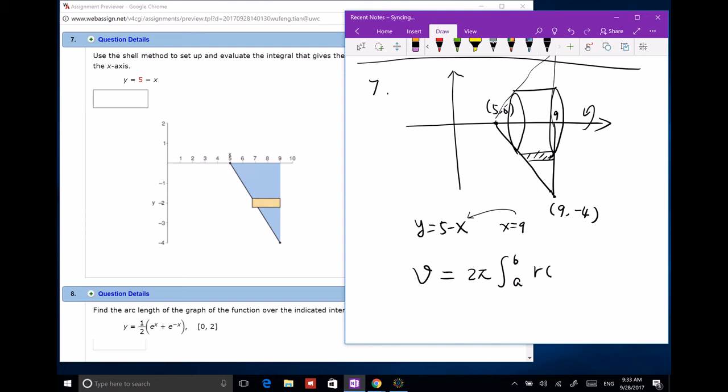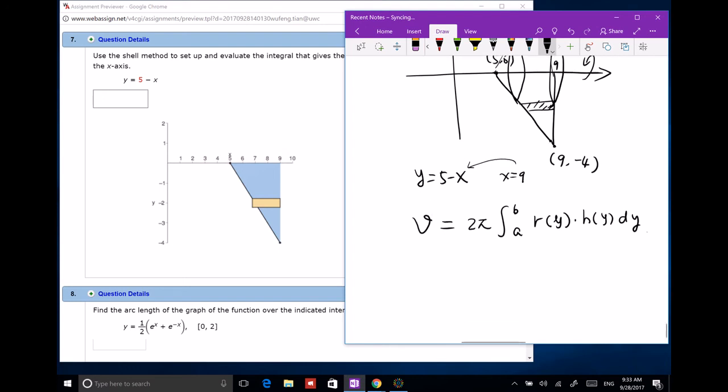I think here it should be y, because the r is vertical. If the r is vertical, it should be r(y) times h(y) dy. Does that make sense to you, everyone? Since the r is vertical, you use r(y).